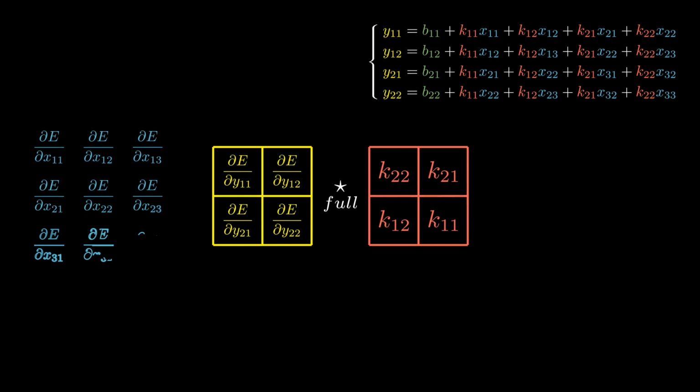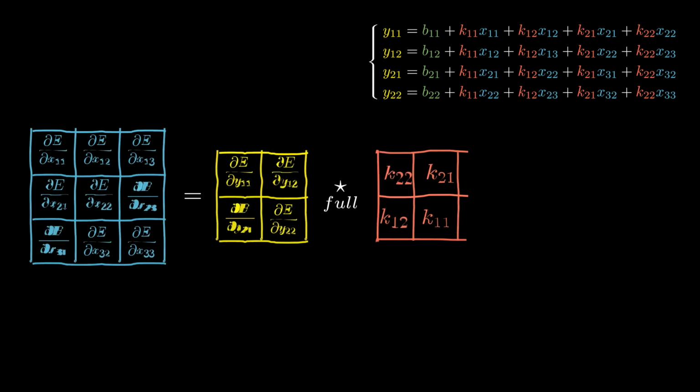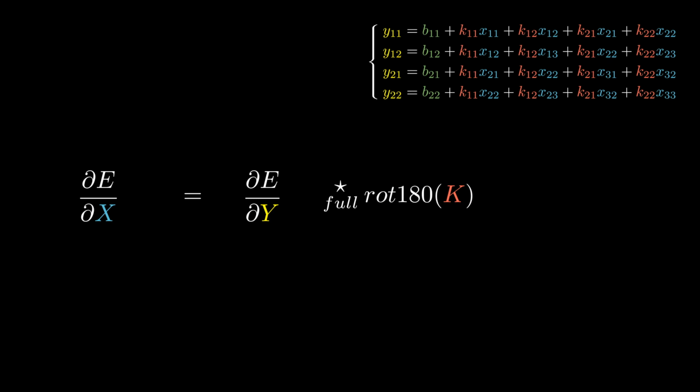So, we have figured out that the input gradient is equal to the output gradient fully cross-correlated with the 180 degrees rotated kernel. Wait a second, isn't that the very definition of what the convolution is? Yes, it is.